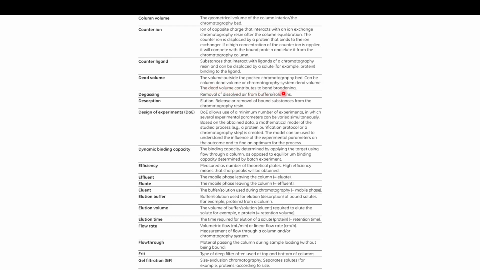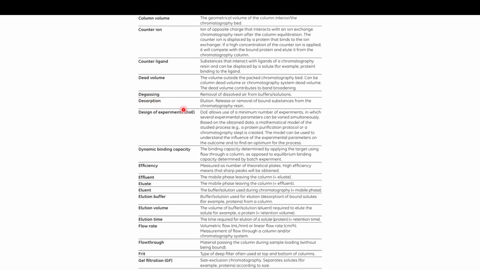The dead volume contributes to band broadening. Degassing usually needs to be done in case of size exclusion chromatography wherein you remove dissolved air from buffers or solutions. If air gets inside your column matrix, that can be really harmful for the column as well as your sample.